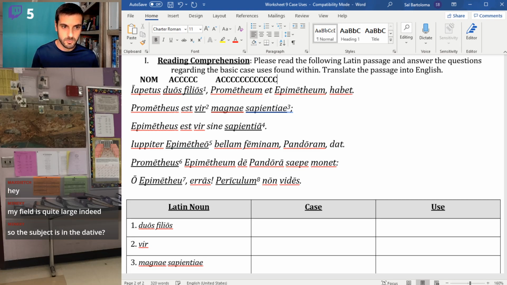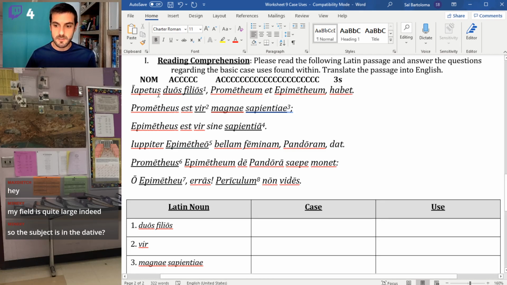We have a big old accusative. And then we have our third singular verb. So this is about as simple of a sentence as you're going to get, right? So when we translate, remember what we said, we have to do subject, then we do verb, then we do everything else, right? So Iapetus has duos filios.